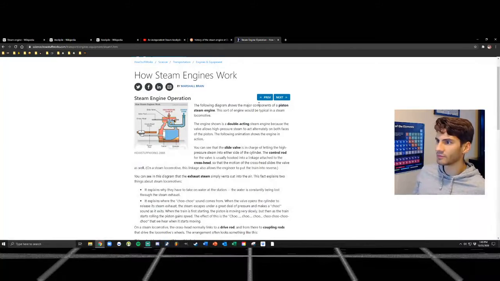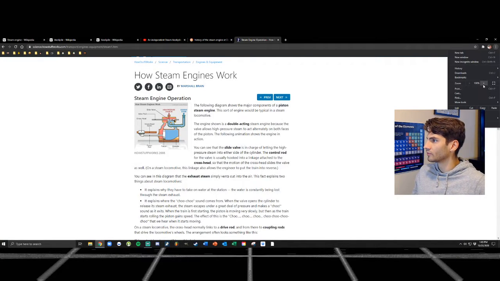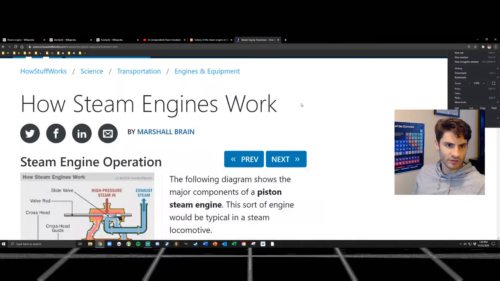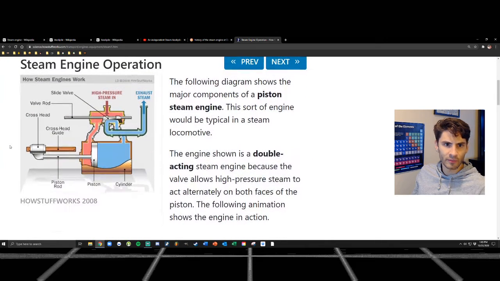The following diagram shows, hold on. You guys see that? Yeah, okay, we can all see that. The following diagram shows the major components of a piston steam engine. This sort of engine would be typical in a steam locomotive. The engine shown is a double-acting steam engine because the valve allows high-pressure steam to act alternately on both faces of the piston.